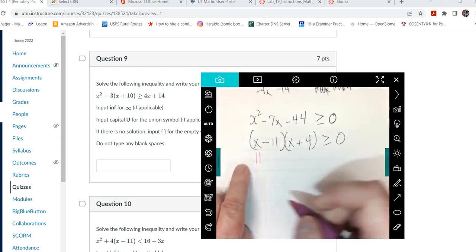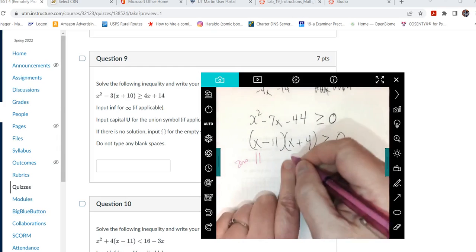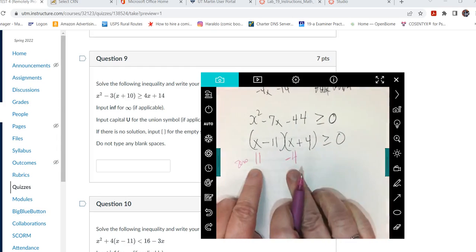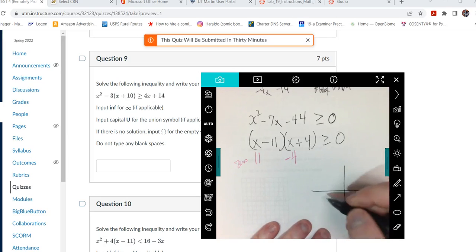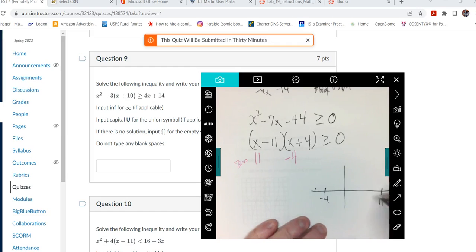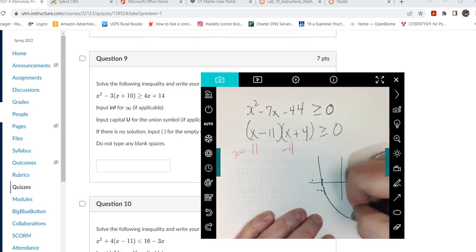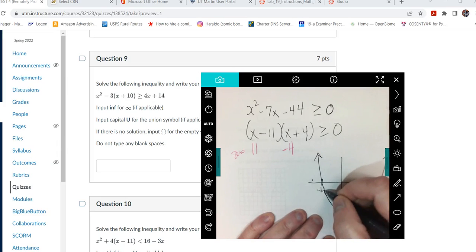Well, positive 11 is a zero, and negative 4 is a zero. So they are x-intercepts. So the graph of this looks like something like that. Negative 4 and positive 11.